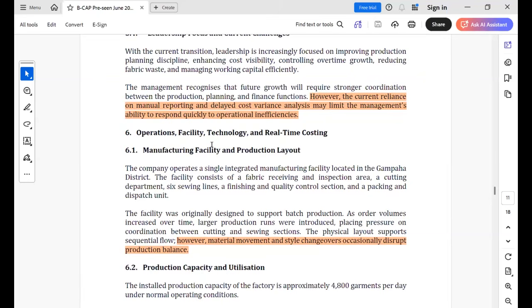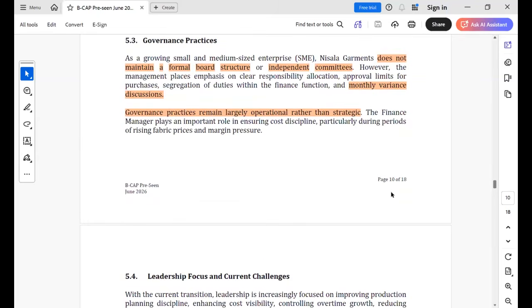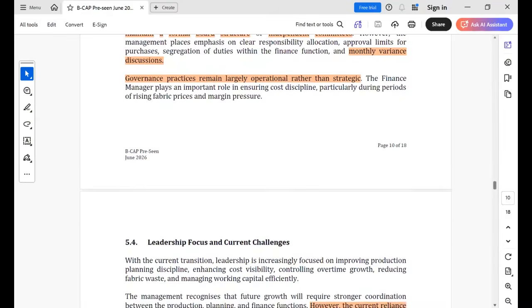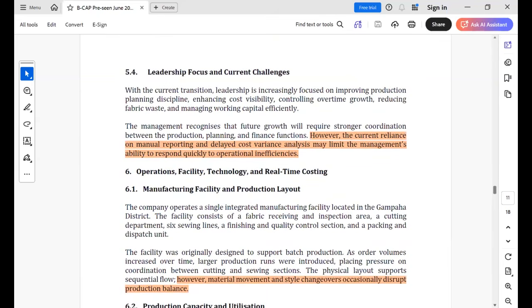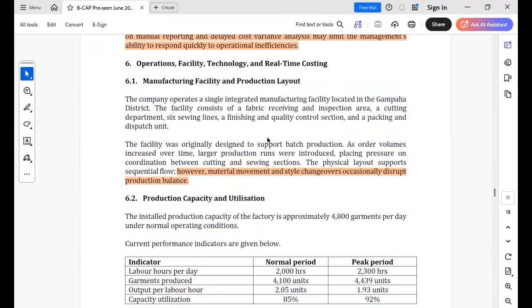Then go to number 6, operation, facility, technology, and real-time costing, right? So this is another section.